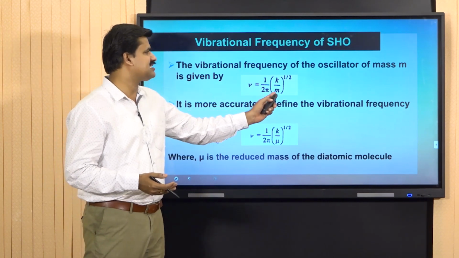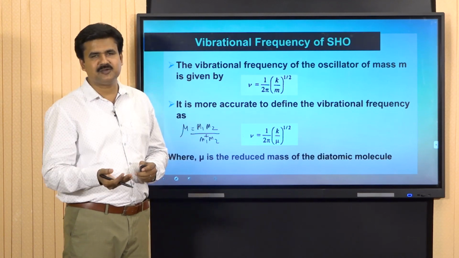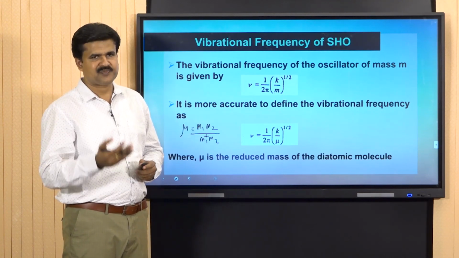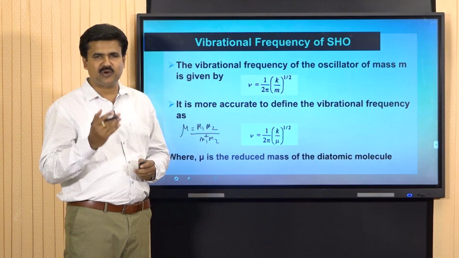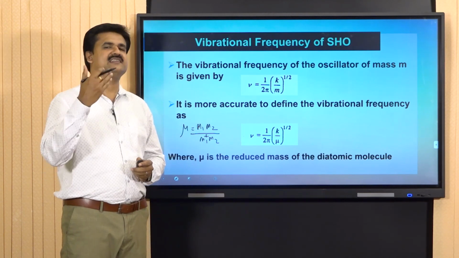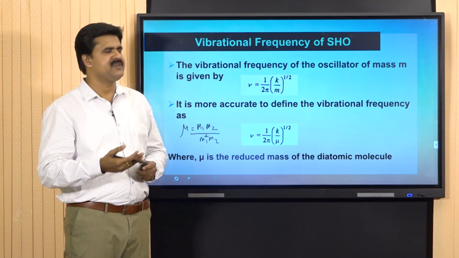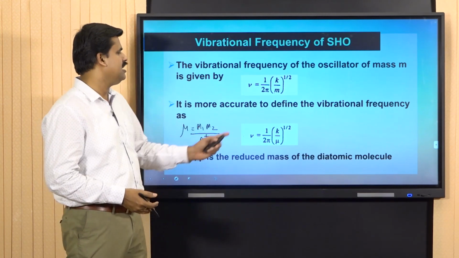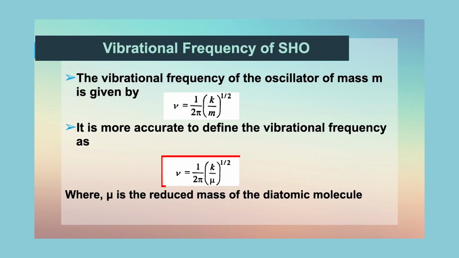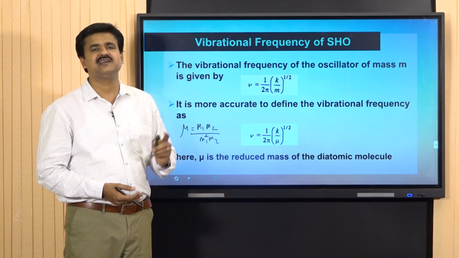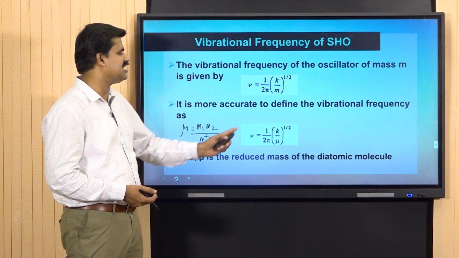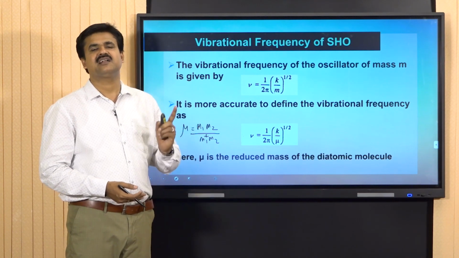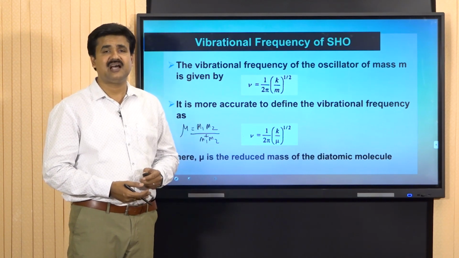That is, this m can be replaced by the reduced mass mu. So, for a diatomic molecule or a molecule that executes a simple harmonic motion, the vibrational frequency is given by the corrected expression nu is equal to 1 by 2 pi into (K by mu) the whole raised to 1 by 2. That is 1 by 2 pi into under root K by mu, and mu stands for the reduced mass of the diatomic molecule or the molecule under consideration.